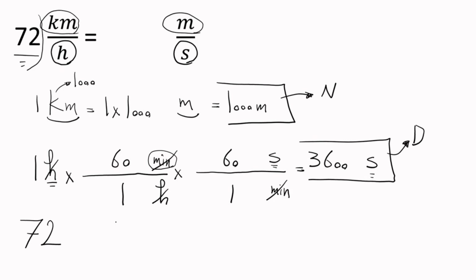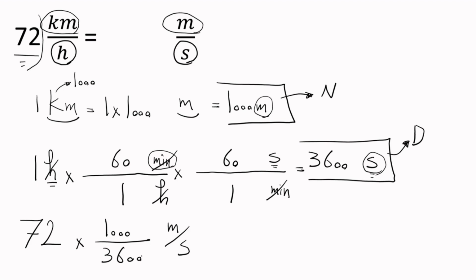In the numerator I have 1000. And in the denominator I have 3600 seconds. What about the unit? As you can see, in the numerator I have meter and in the denominator I have second.